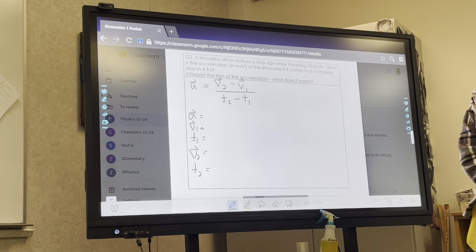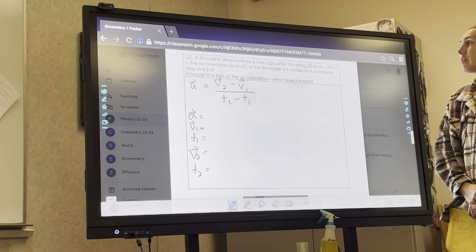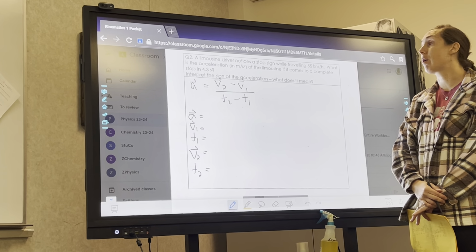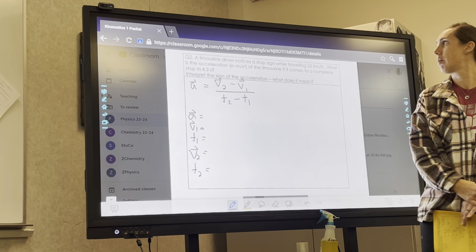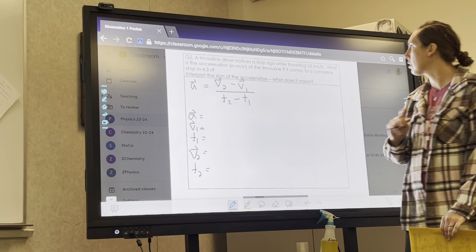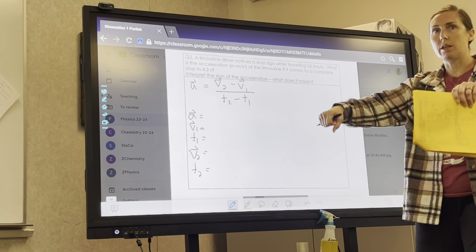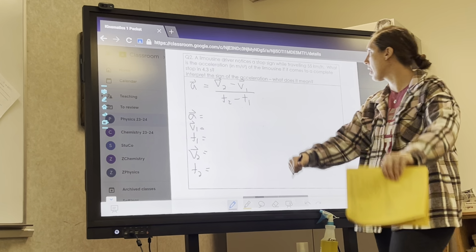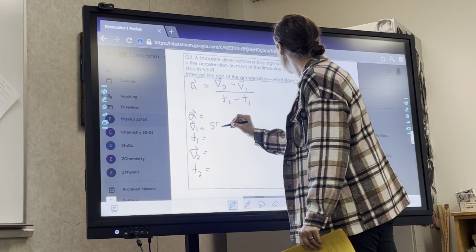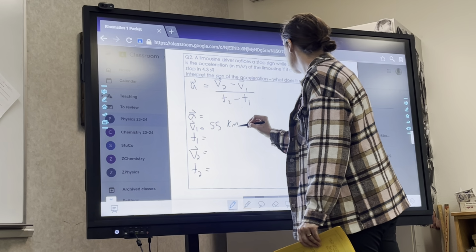Let's fill them in. A limousine driver notices a stop sign while traveling at 55 kilometers per hour. So what is 55 kilometers per hour? V1, good. So it's our initial velocity. We are going 55 kilometers per hour.